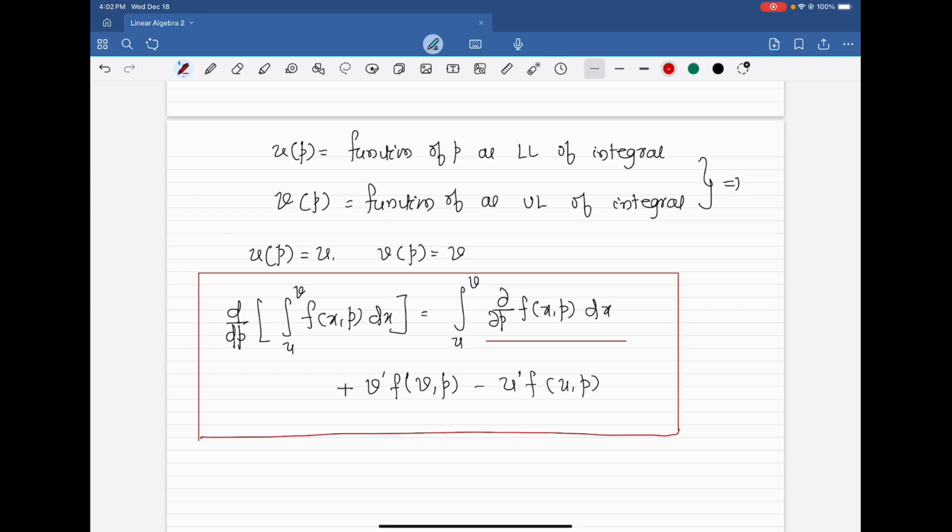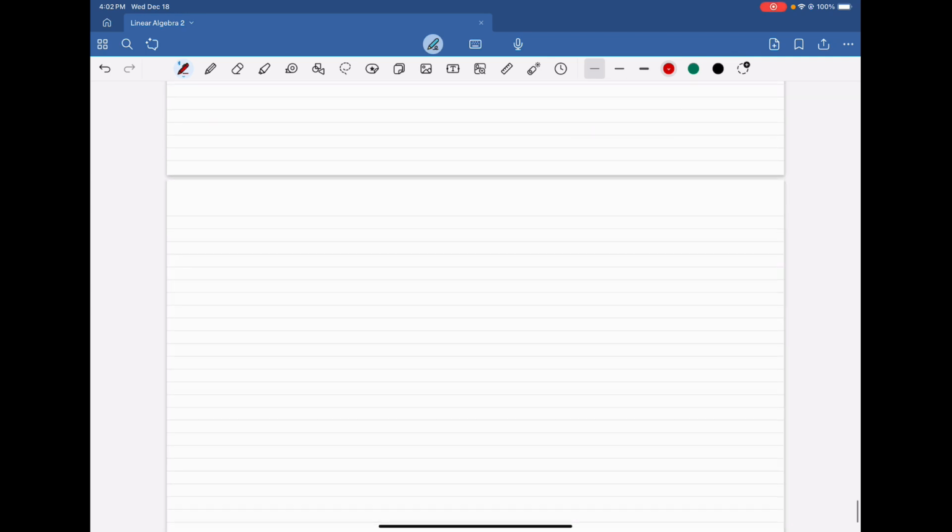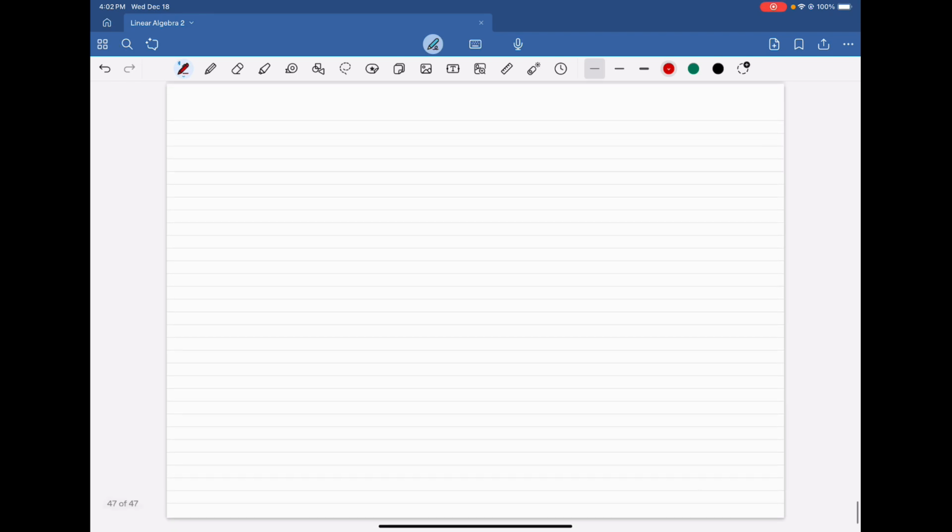Because for some function f(x,p), let us say, for example, please try to understand this.